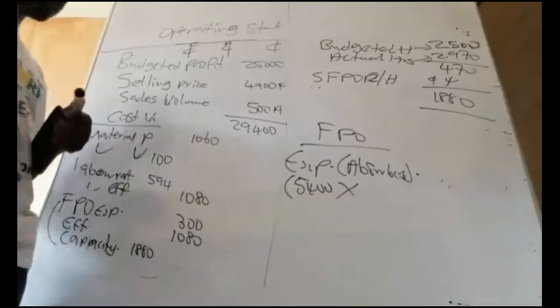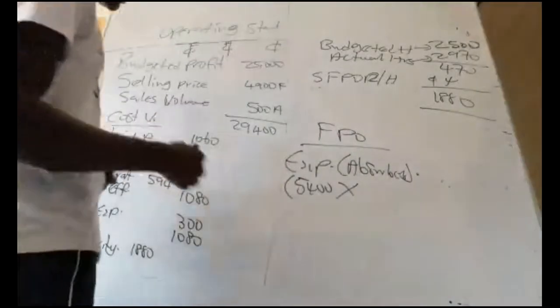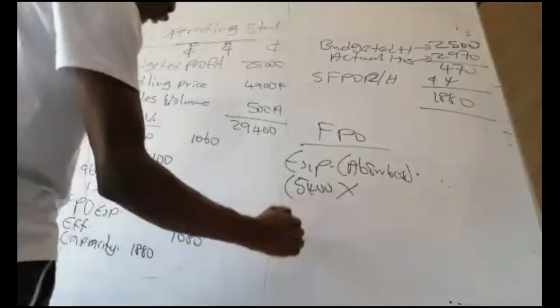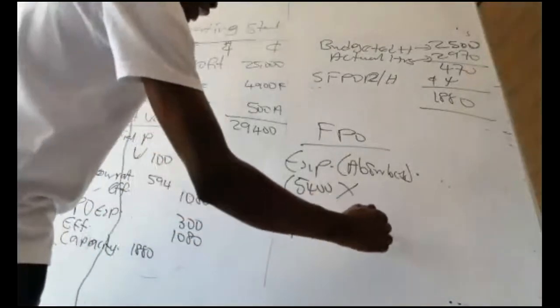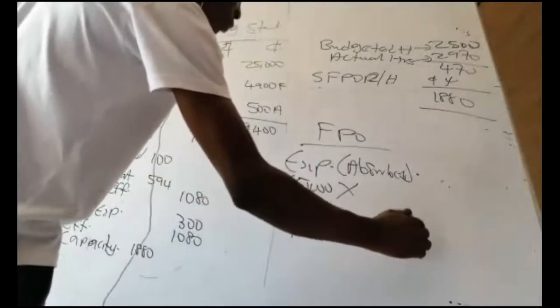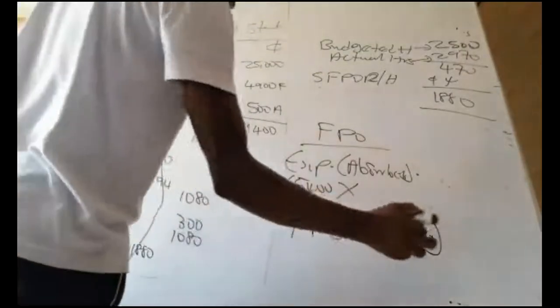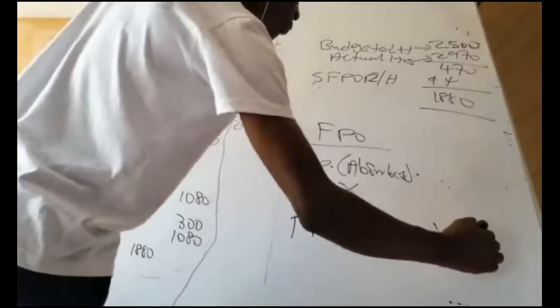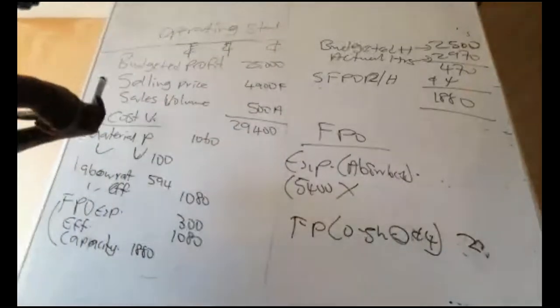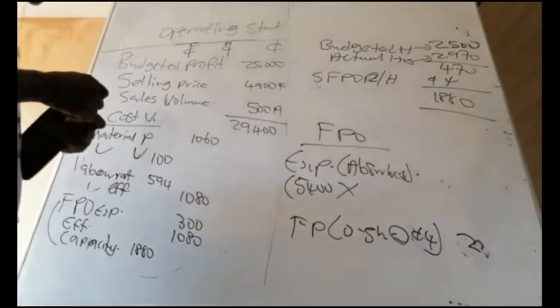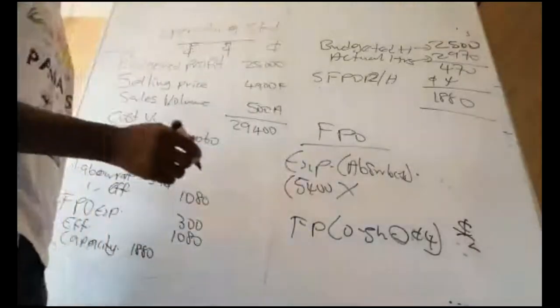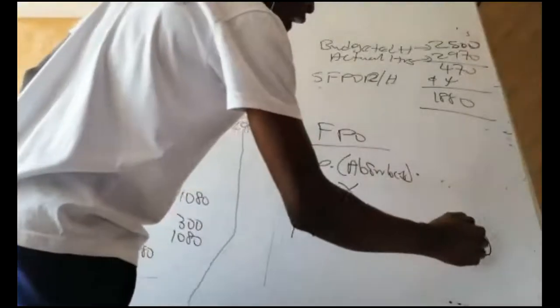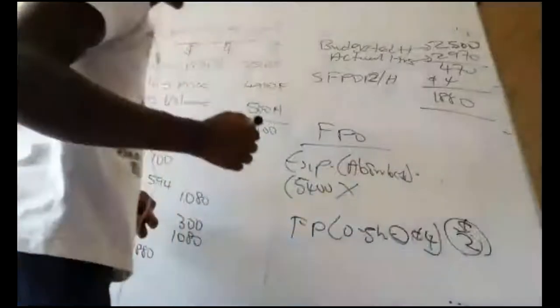The fixed production overhead needs 0.5 hours at 4 cedis. 0.5 times 4. That's 2 cedis. Good. Now this 2 cedis is the fixed production cost. So per our budget, each unit, the cost must be 2 Ghana cedis.